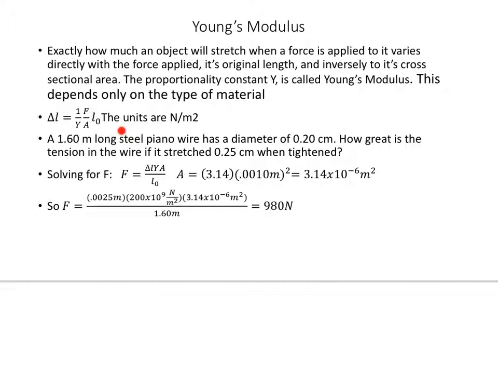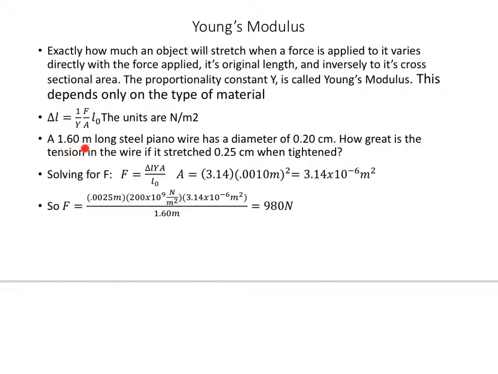The units for Young's modulus, this Y, are newtons per square meter. And I think you can see that pretty easily. If you multiply both sides by Y, you'd get Y here. The units for delta L and L0 would cancel out, so therefore the units of Y would be units of force divided by units of area.